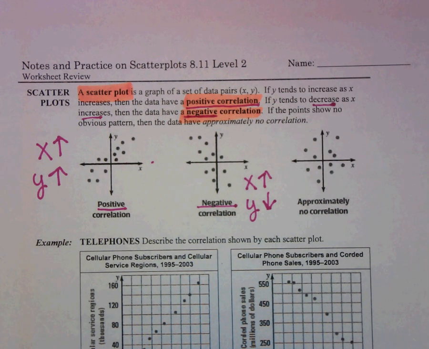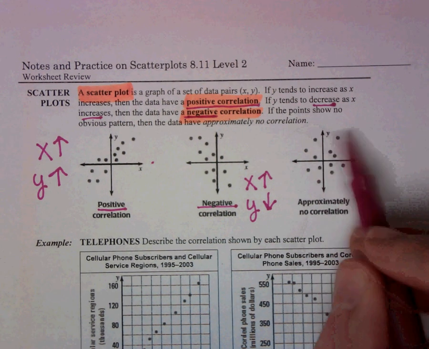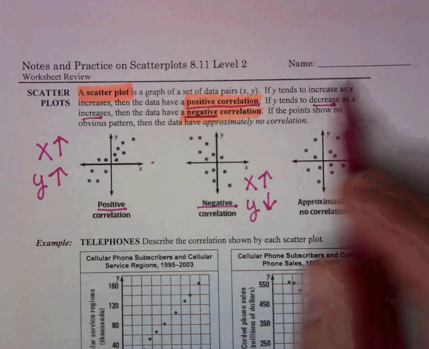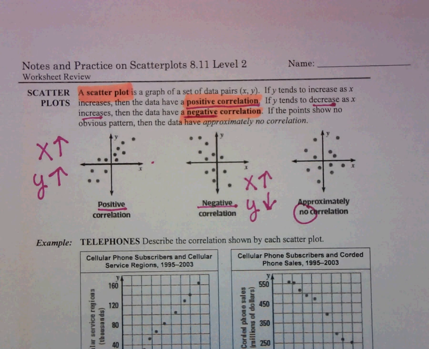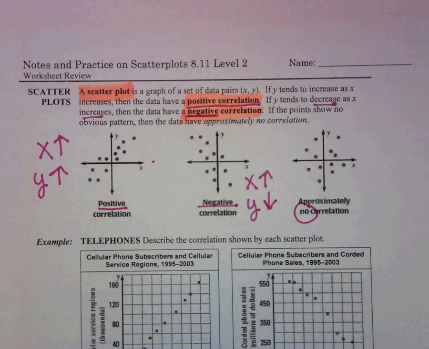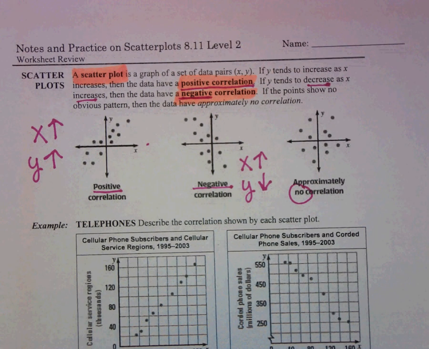And then also, we can see that we have scatter plots that are just all random, they're all over the place, and there is actually no correlation. There is no relationship, there is no association. So that's really important that we know the different types of associations.